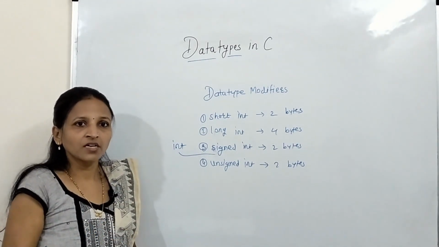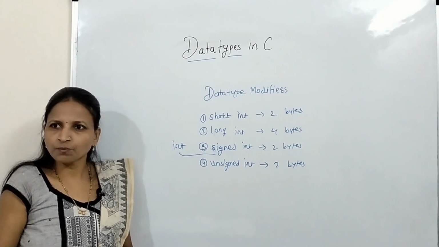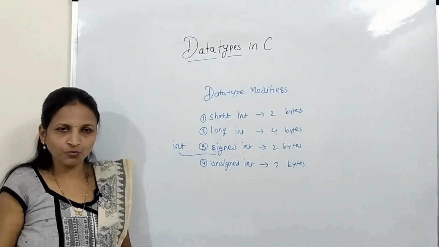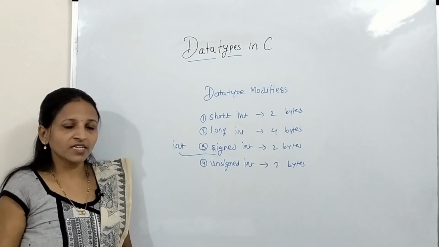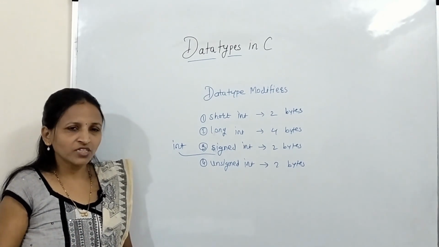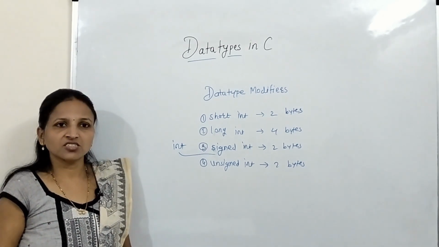Roll number is always positive, and that's why we use unsigned integer for storing roll number. Again, salary. Suppose any employee has -20,000 salary. Is it possible? No, never. In that case also, for a variable storing salary, we can mention unsigned integer.